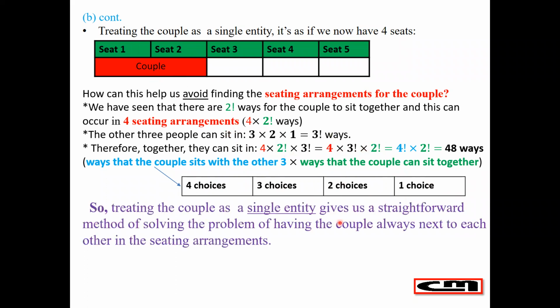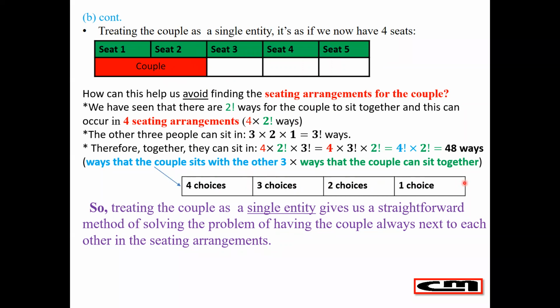So in conclusion, we are simply saying treating the couple as a single entity gives us a straightforward method of solving the problem of having the couple always next to each other in the seating arrangement. So this is what is important to say. Instead of drawing those 4 tables, you could simply have killed the 2 seats, considered as 1, then add to the other 3 to come up with the 4 seats.